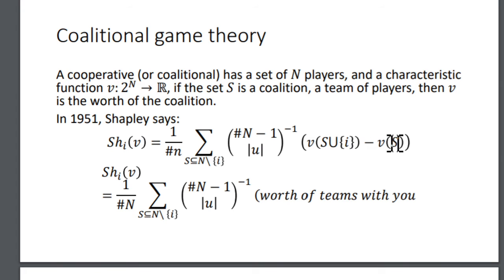So with this marginal value being summed over something that goes nicely, the Shapley value has other properties, but basically it quantifies the usefulness of player i in a certain game.